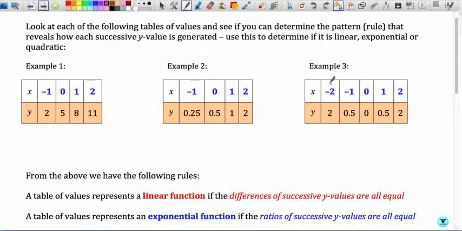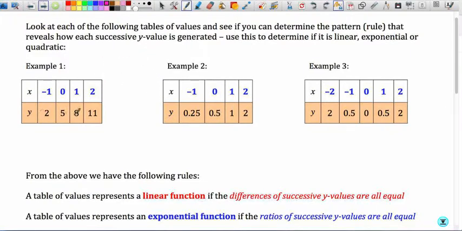The exception is example 3, where we've just added an additional point, but all of the x values are the same. They've been substituted into an equation to produce the corresponding y values, or rather, we've collected this data, we've got the set of points, and we're trying to figure out which mathematical model would fit it best. So we're trying to figure out, does it follow a linear pattern, an exponential pattern, or a quadratic pattern?